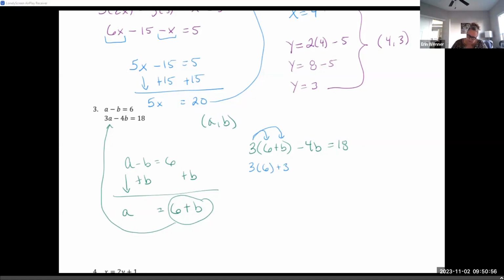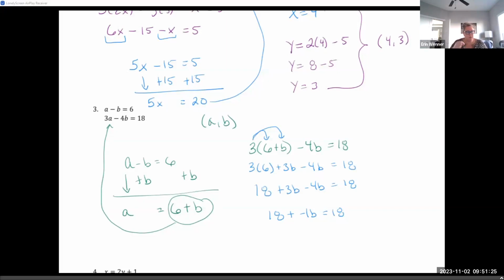We get 3 times 6 plus 3 times B minus 4B equals 18. So continuing, 3 times 6 is going to be 18. 18 plus 3B minus 4B equals 18. Combining like terms, I'm going to have 18 plus negative 1B equals 18. You can write that as just 18 minus B, that's fine. I'm reminding myself that there is a value in front of B because oftentimes people forget to divide by that negative 1 at the last step.